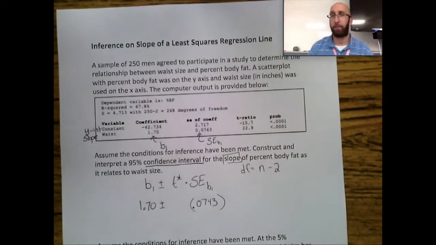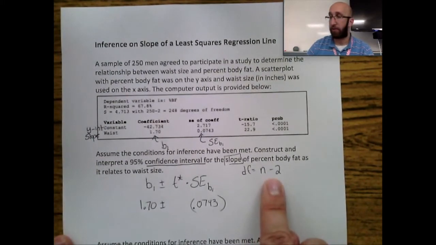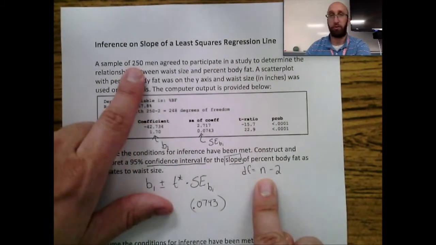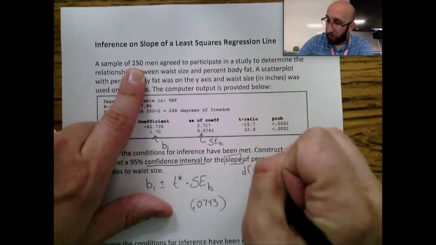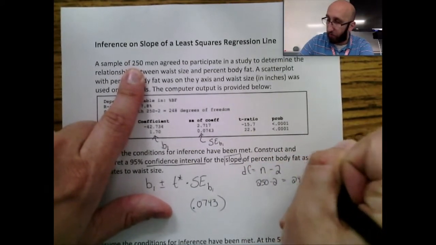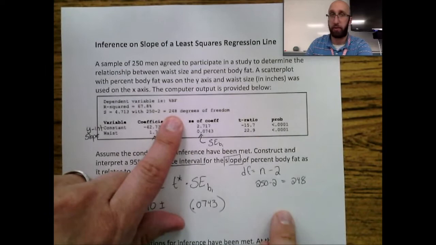I'm going to use my degrees of freedom to get my t star. I'm not super prepared for this, but we'll talk through what we do to get a t star. The degrees of freedom is n minus 2, so take our sample size, 250, minus 2, which is 248. This specific computer output already included it for you.